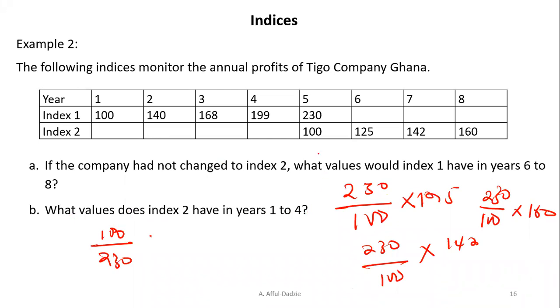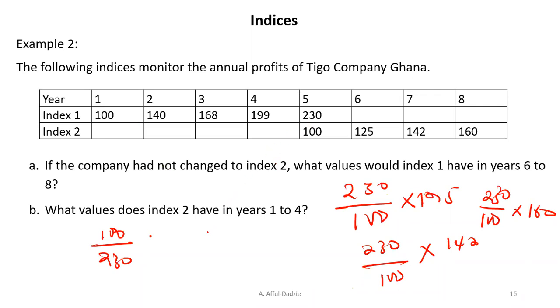In year 5, this is where we used from year 1 to 4 the old index, and from year 5 we changed the index to year 5 and started using the new index. So once we change to the new index, the index number at that point would be 100. But bear in mind that now we are reverting to the old index.